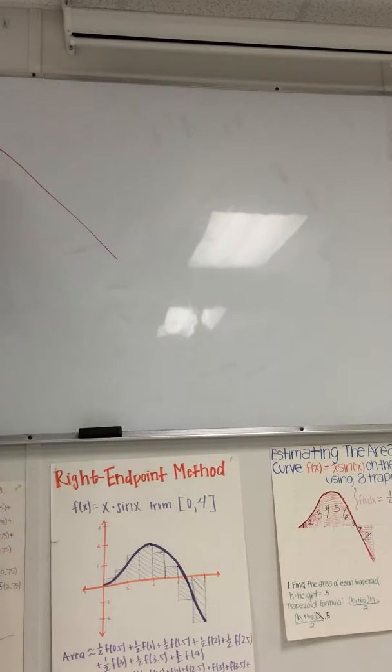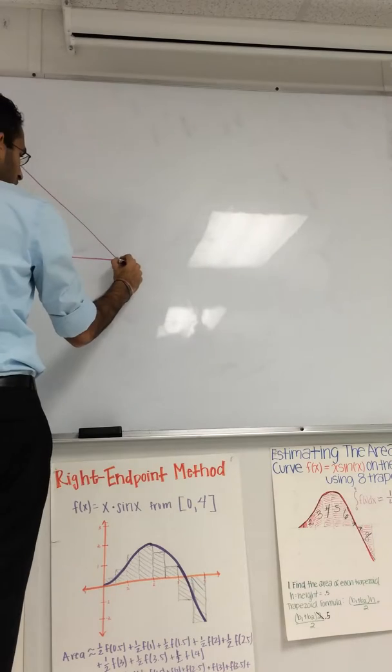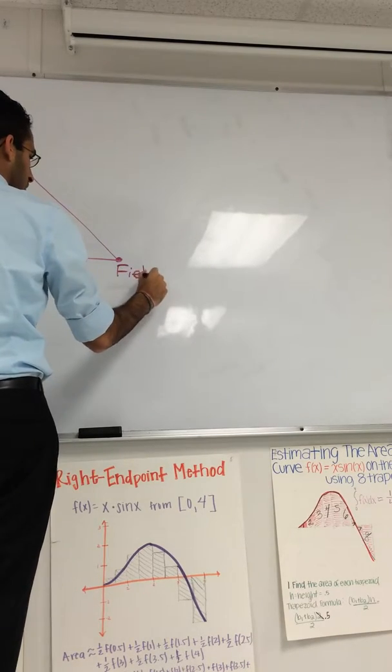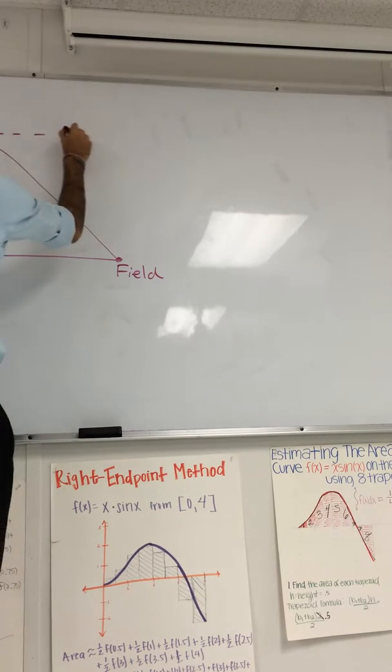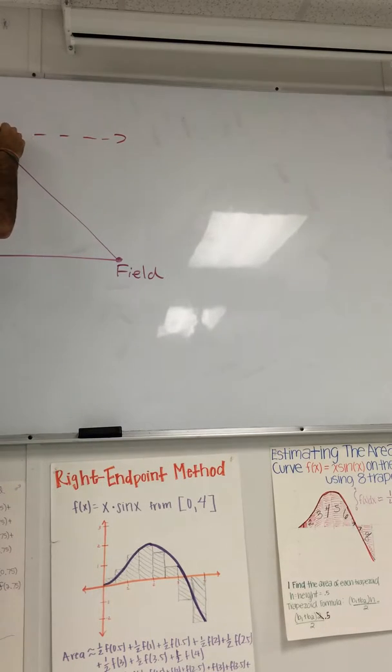So here we are. This is 2,400 feet off the ground. This is the field here. There's a dashed arrow here. And they tell me this is 30 degrees. They tell me this is a right angle.